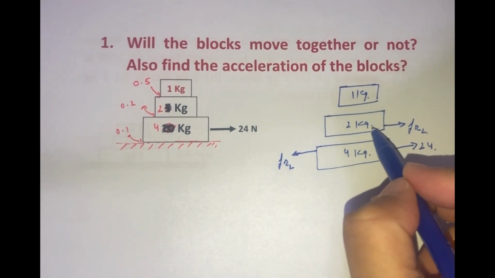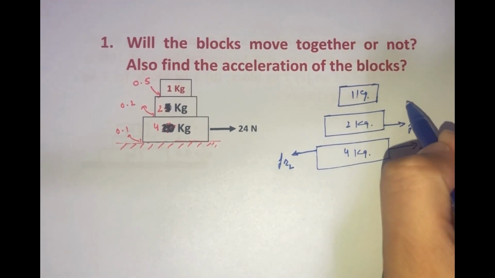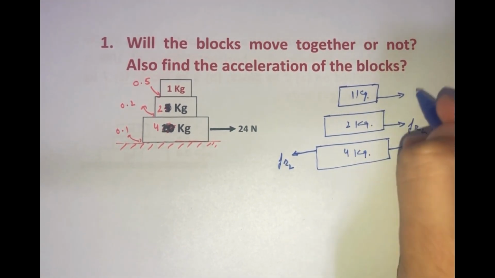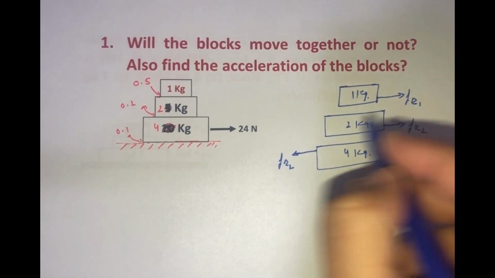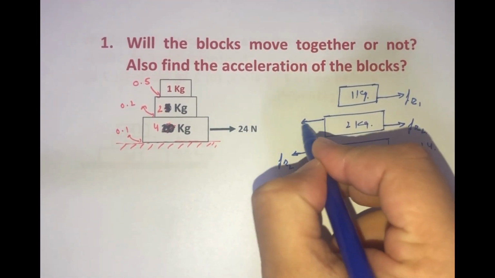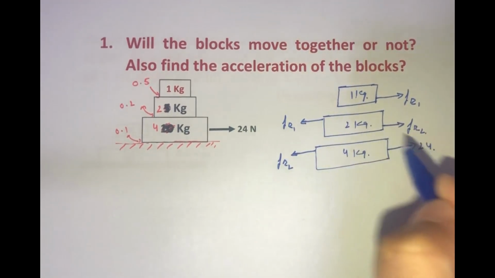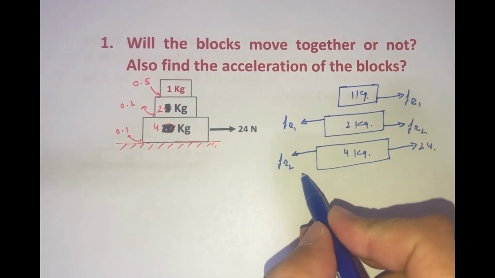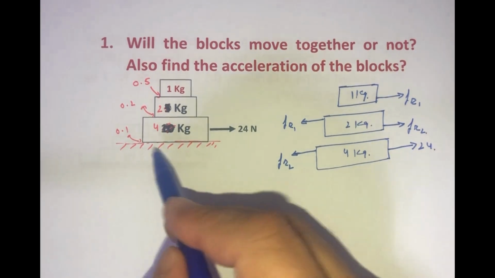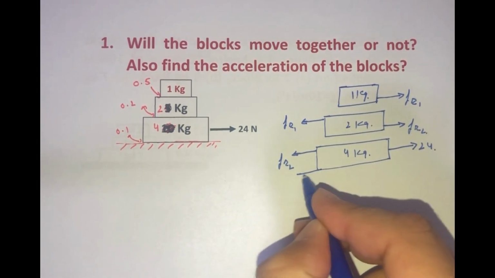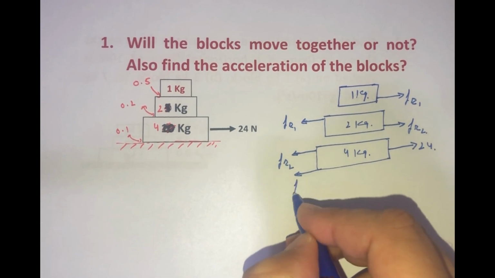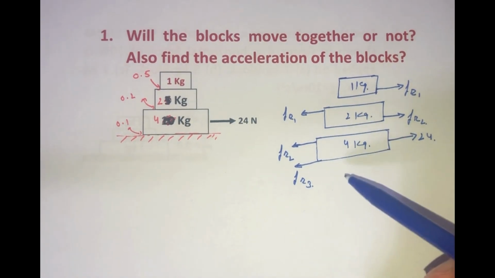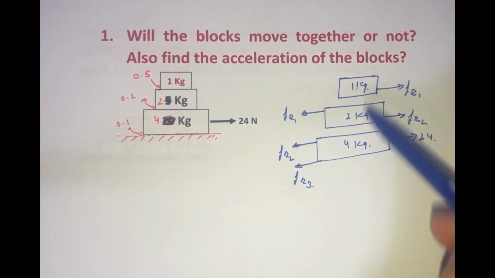Now this 2 kg block will try and move 1 kg block towards the right with the help of force of friction, and let us suppose that will be Fr1, and we have opposite force Fr1 that will be acting on the 2 kg block, and because the coefficient of friction between the ground is 0.1, so there will be a force of friction here also, and let us call this as Fr3. So these are the forces which will be acting on the 3 blocks.